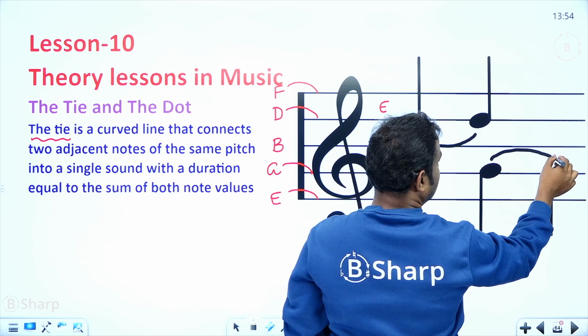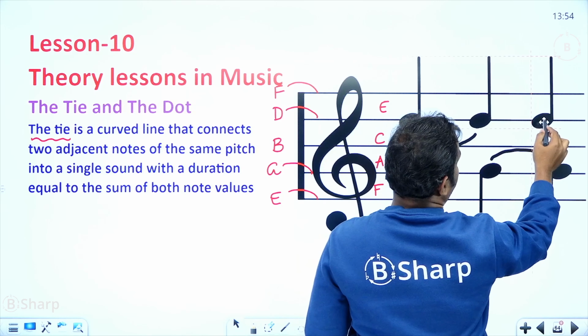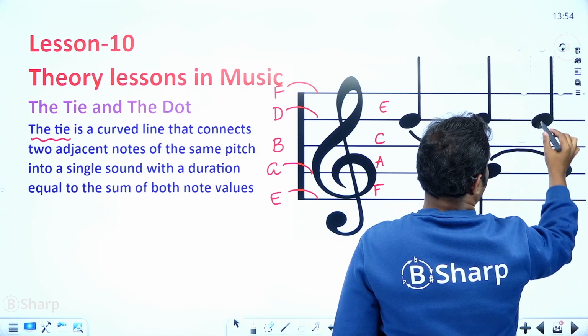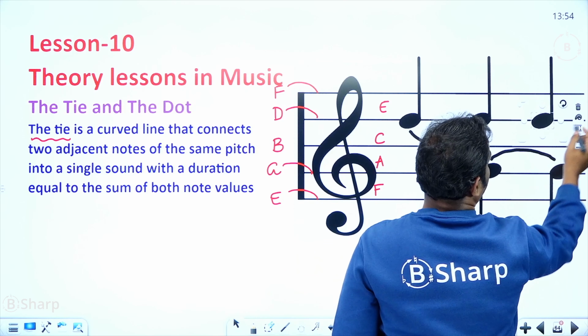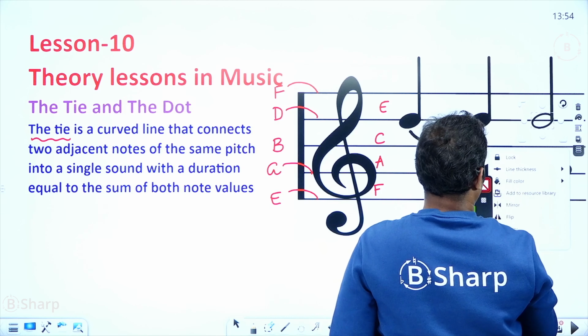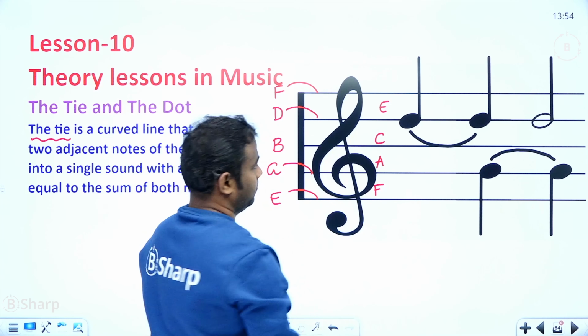What the tie line represents is the same as this note here, the total value.